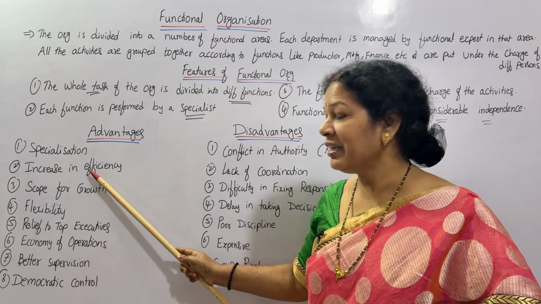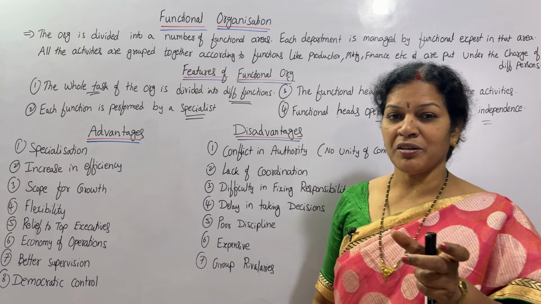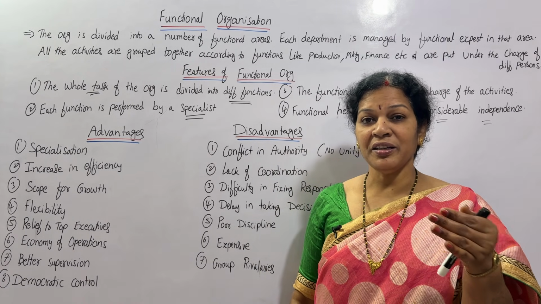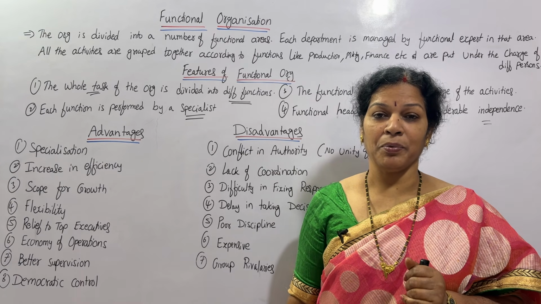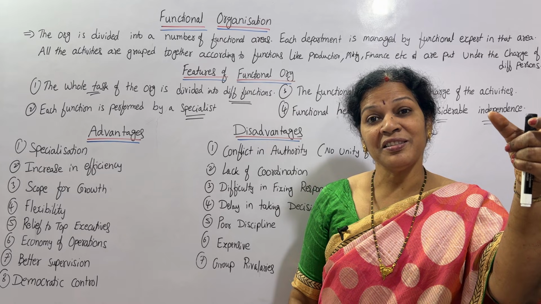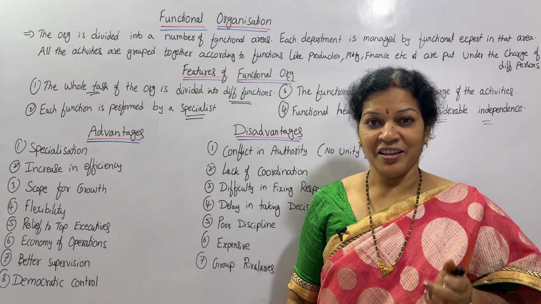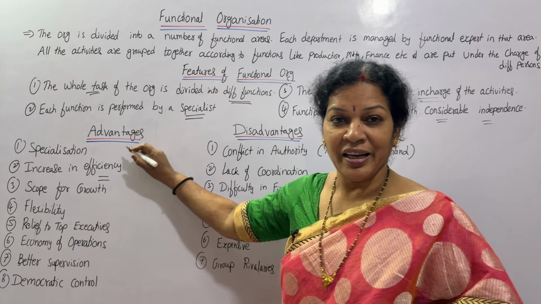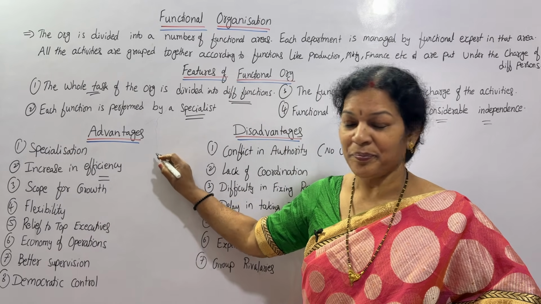And also increased efficiency. In functional organization, we identify different heads, and those heads appoint the rest of the employees, and the rest of the employees are trained by that expert head. There is a possibility of increasing efficiency because the head is specialized.